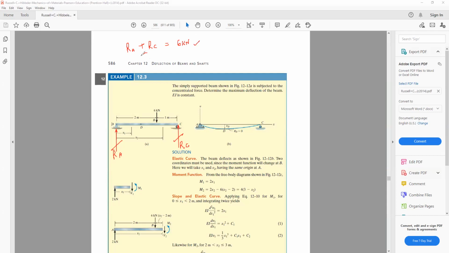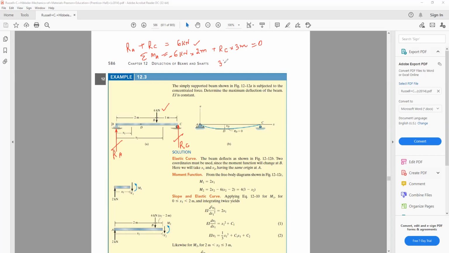Then we take summation of all the moments about an axis passing through point A. The summation of all the moments about an axis passing through point A will be equal to the moment because of the 6 kilonewton. It will be 6 kilonewton multiplied by its force arm, that is 2 meter, and this is acting clockwise. We'll take it negative. And we have RC multiplied by its corresponding force arm, that is 3 meter, which should be equal to 0 for the equilibrium.